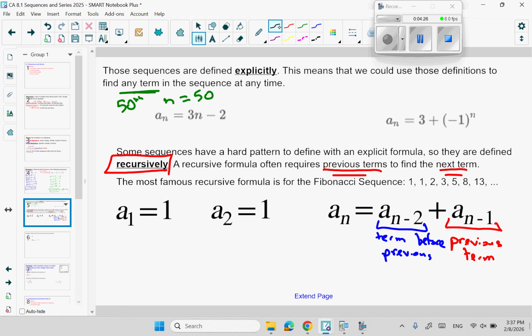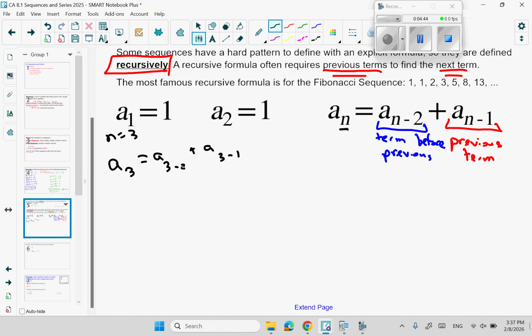So let's think about this. If I were trying to find the third term, let's say n was 3. Well, then plugging in 3 for that n right here, I would get a sub 3 minus 2 plus a sub 3 minus 1. Well, a sub 3 minus 2 turns into a sub 1.